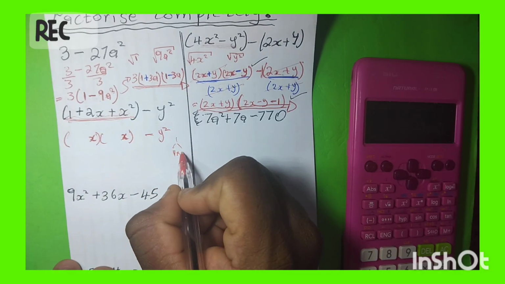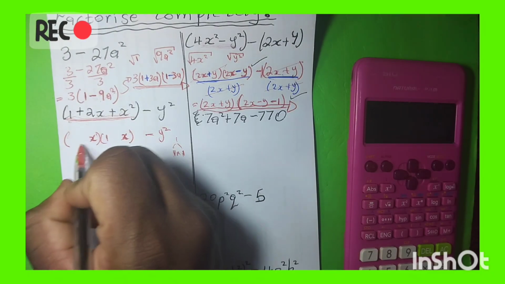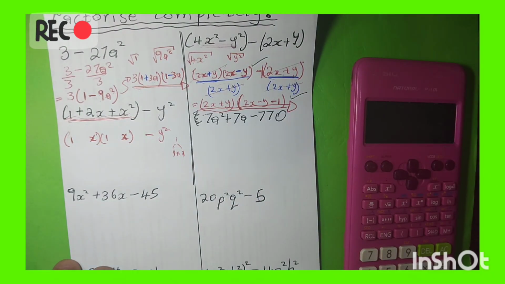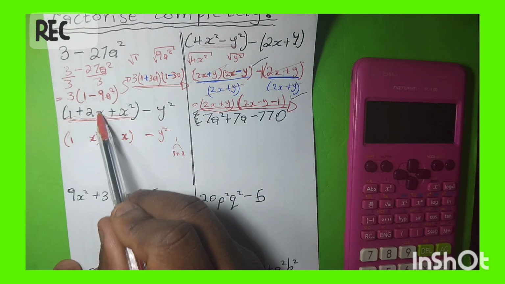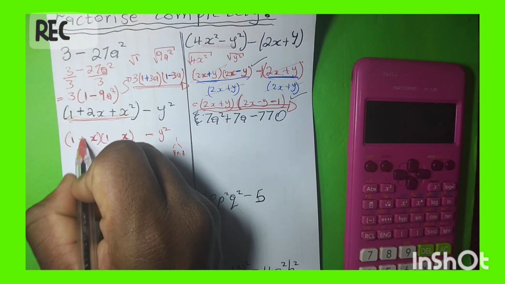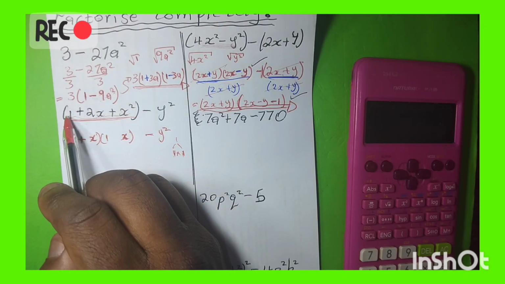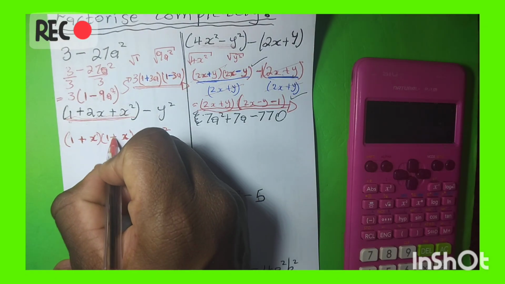Those are the only factors we have, so it's 1 and 1. You put those factors here. Then you say: bigger factor takes the sign of the middle term. Here we don't have a bigger factor, so we put that sign of the middle term here. This is positive, meaning both of them will be positive.